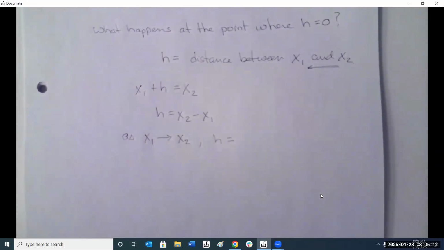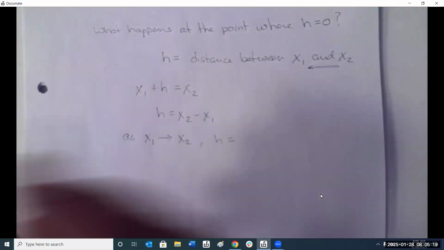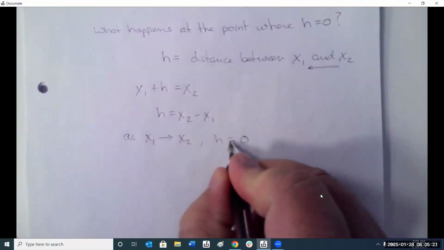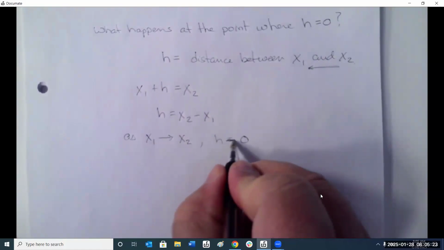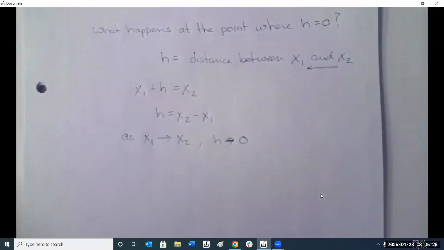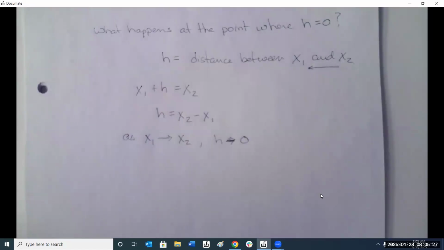It's basic math. As x1 and x2 become the same value, what does h become? 0. H gets closer to 0. Because remember, h is the distance between x1 and x2. The closer they get, the distance becomes closer and closer to 0.